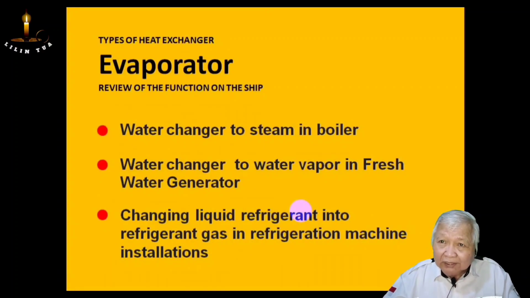Secondly, we can find the evaporator in the freshwater generator or freshwater distiller. And third, we can find the evaporator in the refrigeration system on board, changing the liquid refrigerant into refrigerant gas.